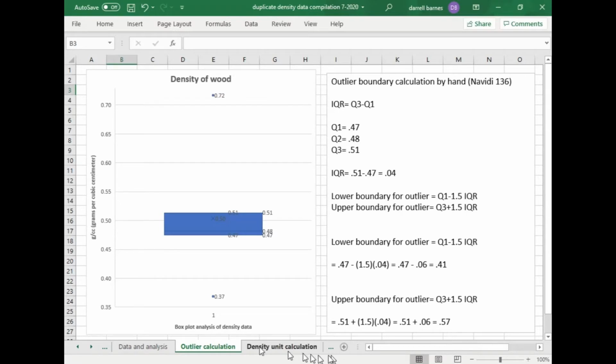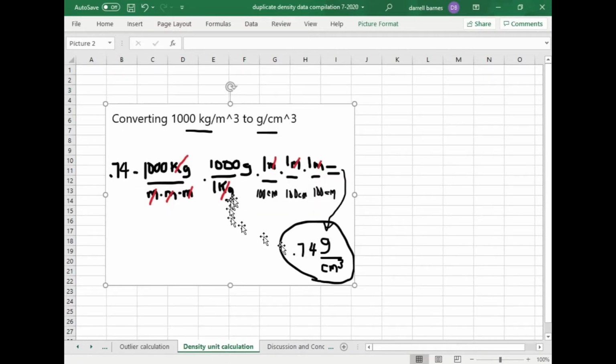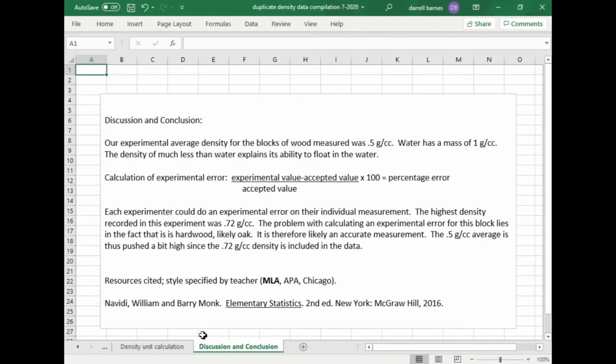And then I also did a density unit calculation. I went to a website and I was looking up density, and it was giving these units, and I didn't know if it was grams per cubic centimeter or not. I found out in the end that it was. But let's go into discussion and conclusion, because that is actually what I'm trying to do, get this second draft knocked out.